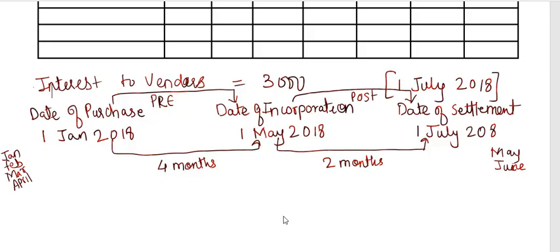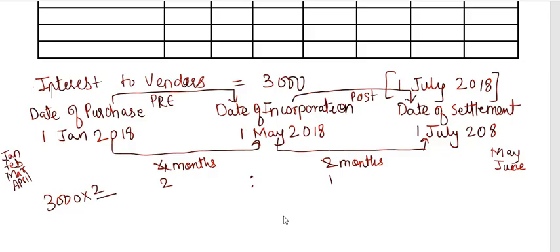This 3000 we have to distribute in pre and in post. So 4 to 2, ratio is 2:1. So this 3000 we distribute to pre-incorporation on the basis of 2, and to post-incorporation on the basis of 1.